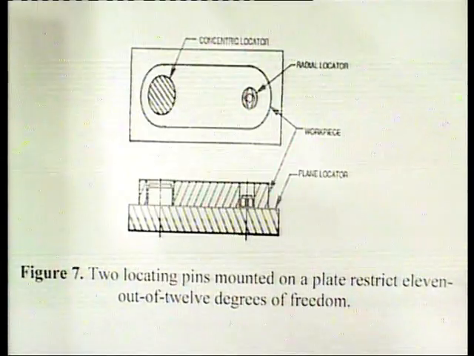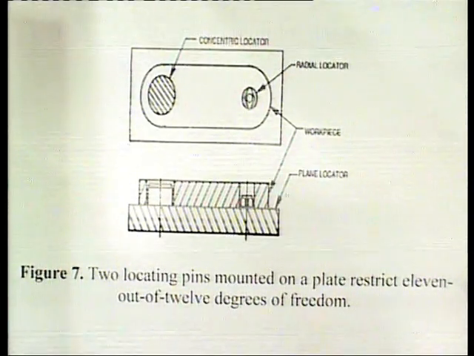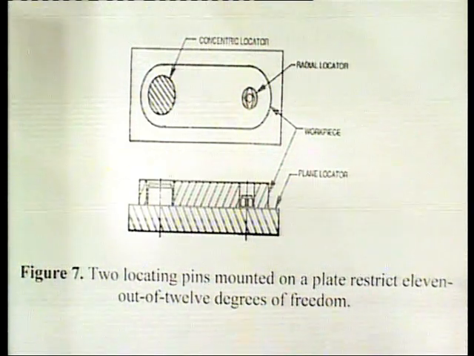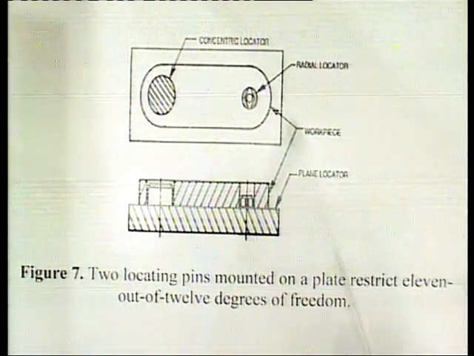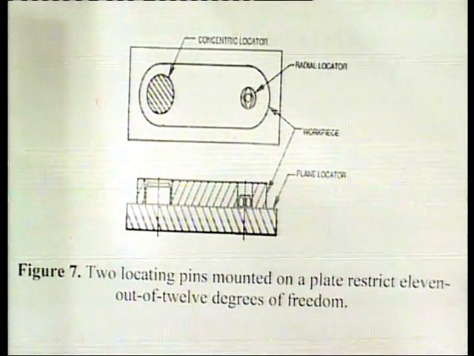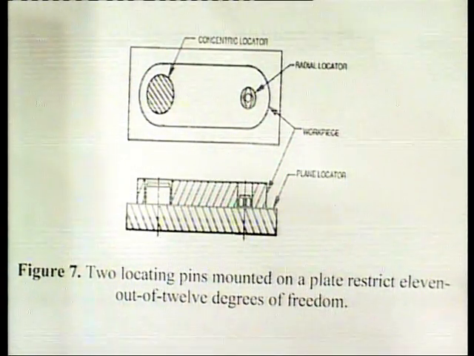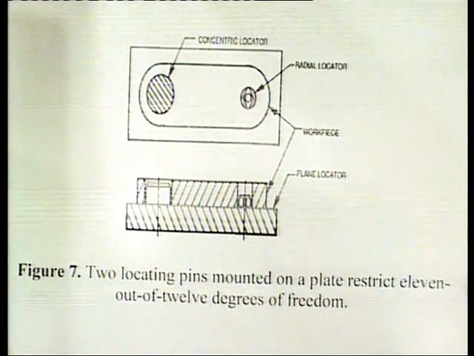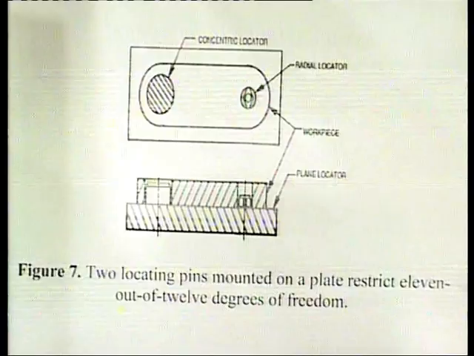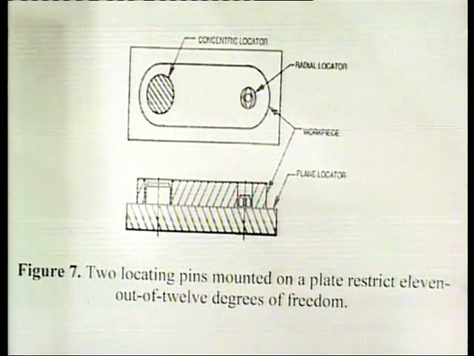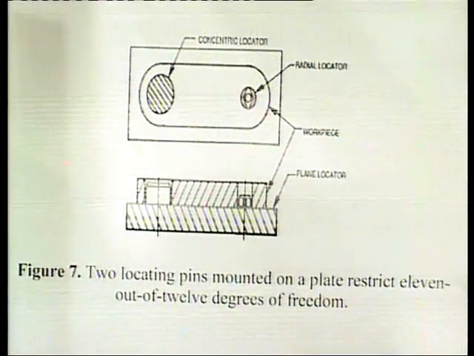The final locator, the pin in the outer hole, is the radial locator. This radial locator in the outer hole restricts an additional 2 degrees of freedom by arresting the radial movement around the z axis, that is movements 11 and 12 in traditional methods.